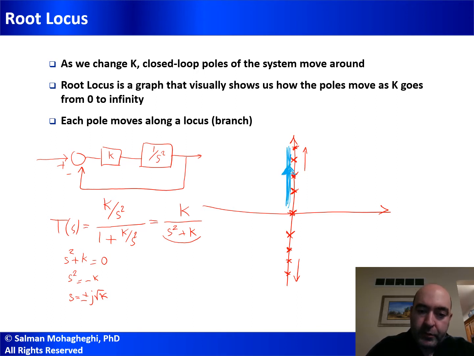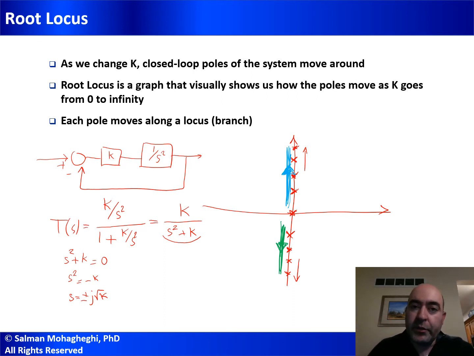The other one is going to be this branch that I'm showing with color green. This is a root locus for this very simple system. And it tells us that if you have this system consisting of a double integrator and try to control it with a proportional controller in a closed loop fashion, you will have two poles in the system that will move around along the j omega axis towards plus j infinity and minus j infinity.